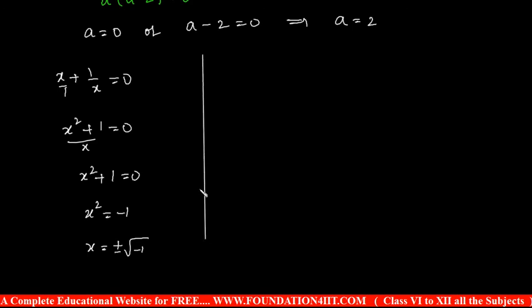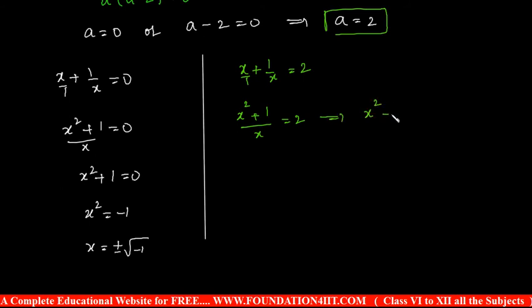And one more from the next equation, that is a = 2, right? x + 1/x = 2. Again do this simplification: (x^2 + 1)/x = 2. From this, x^2 + 1 = 2x, so x^2 - 2x + 1 = 0.